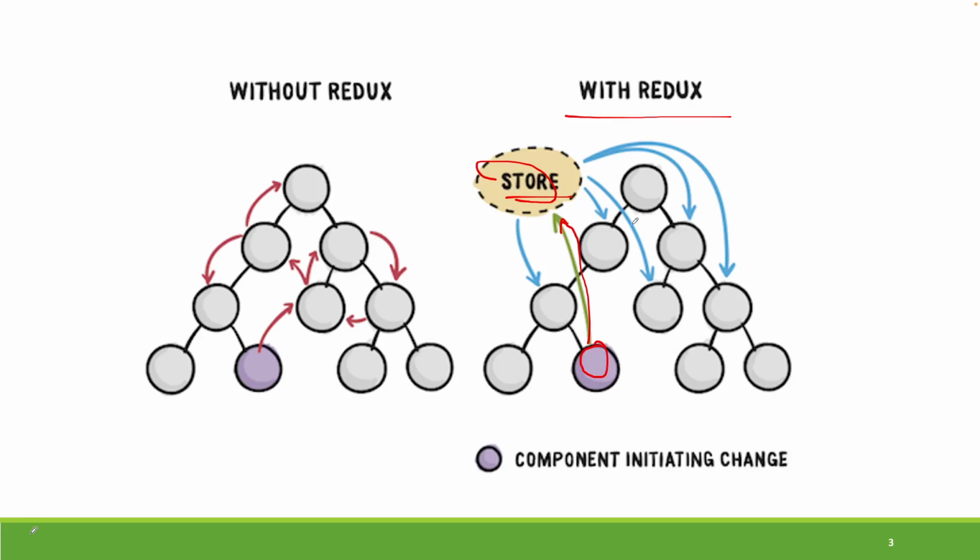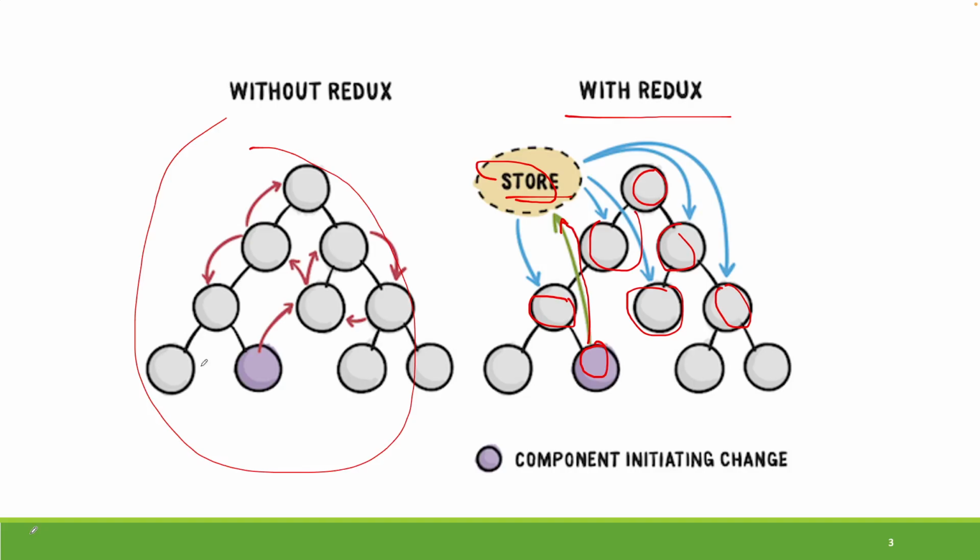This component and this component also subscribe to the state, and once the store changes, because they are subscribed, they automatically get the changes from the store. It's much clearer compared with without Redux.